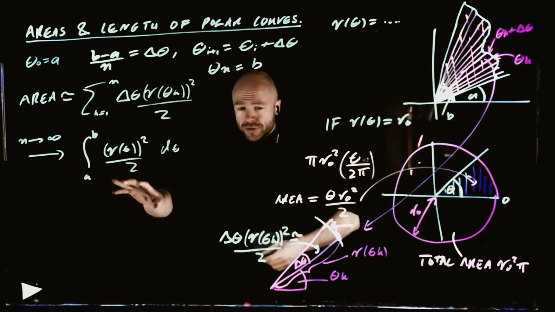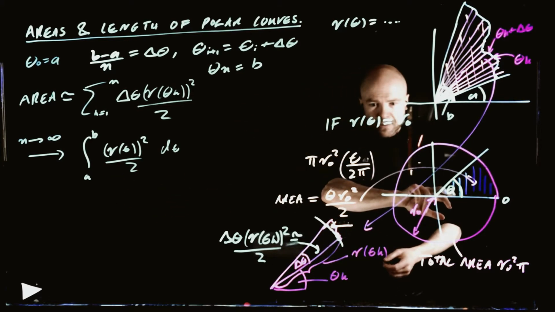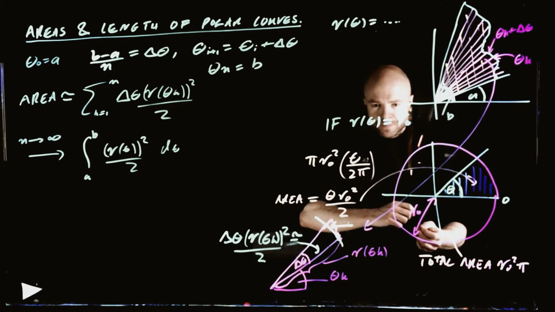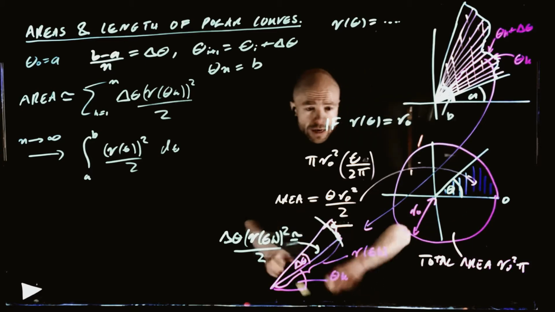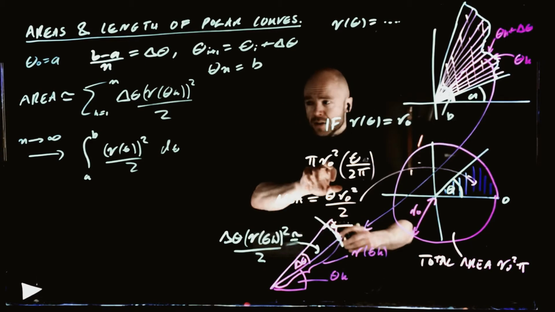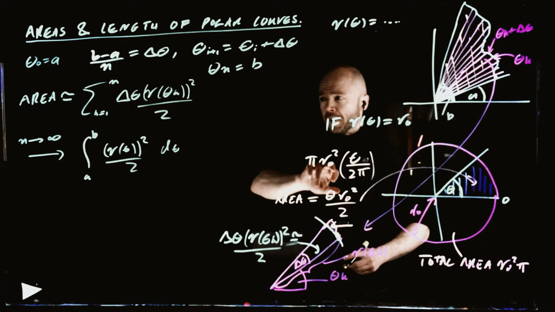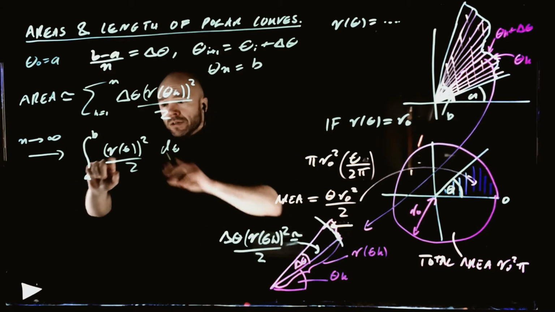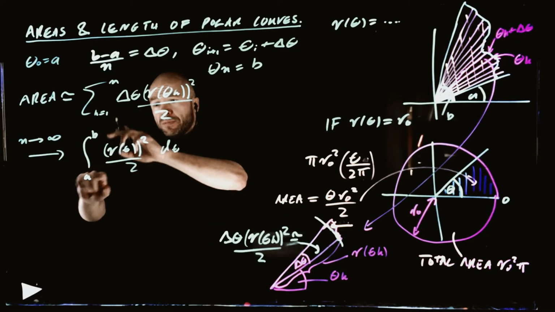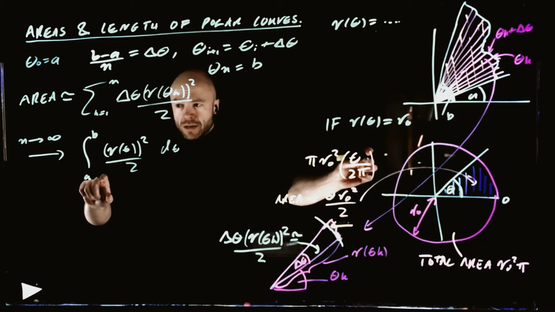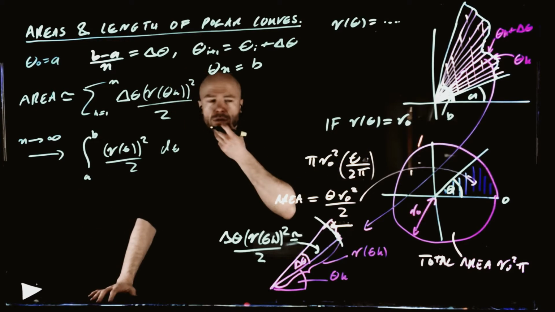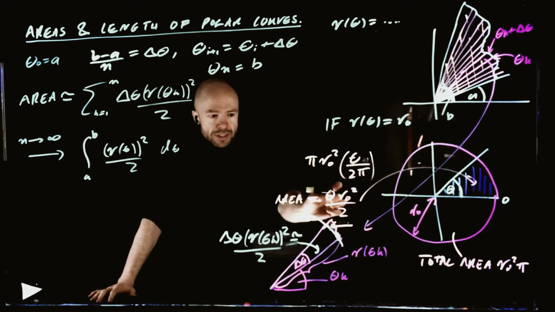Now, we can make a final little check that this thing actually makes sense. So if this is true, then it recovers this particular formula when we have the constant function. Yeah? And indeed it does, because if we just have the constant function r0, then r0 can just pull out, and we're just going to have b minus a, which is just this angle here. So we get exactly the same thing, right?